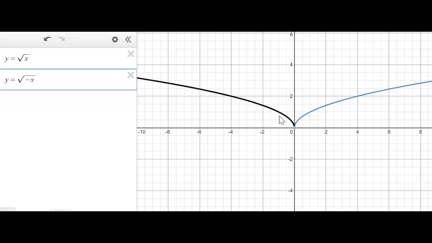You can see they're all negative values of x. So effectively under that radical sign, we're taking the square root of a negative negative. So let's say at negative 4, because it's a bit easier to see. All right, there it is, negative 4, 2. When I substitute in negative 4 for x, I'm going to have minus negative 4, or negative negative 4, which gives you a positive number.